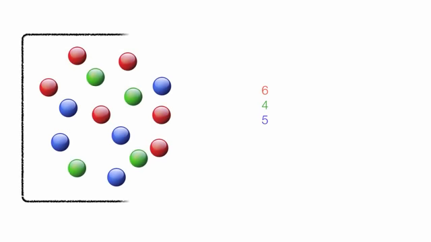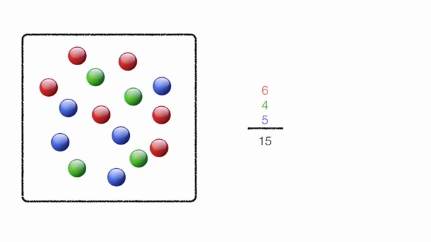There are 1, 2, 3, 4, 5 blue marbles. So if I add them all up together, I have 15 total marbles. I have 6 red, 4 green, and 5 blue, for a total of 15 marbles.